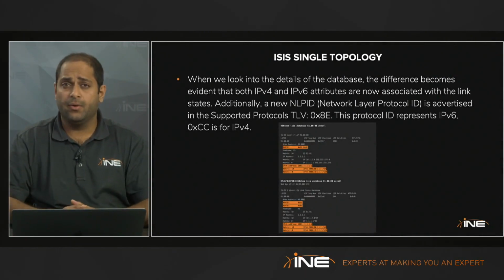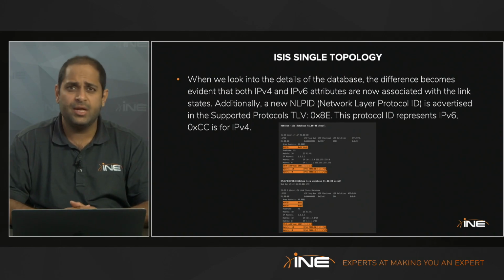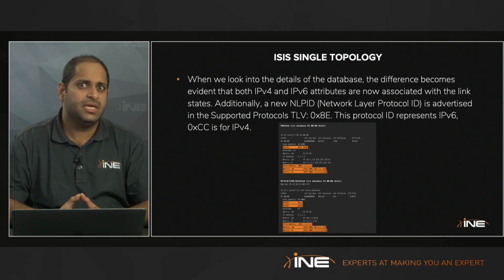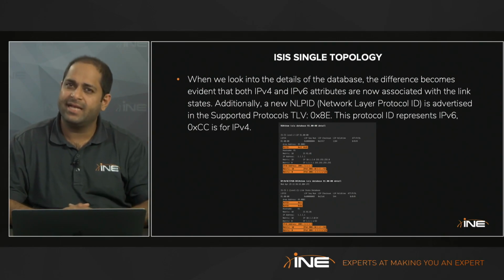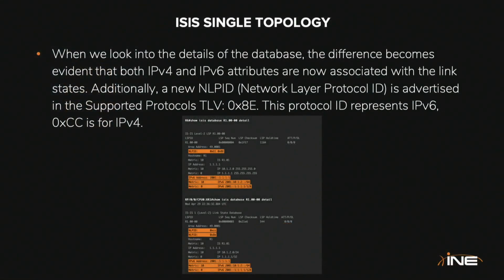To verify single topology, we can give a show isis database and look at the ID of a router, where you would see that you have just one single database. Basically here you would see in your NLPID, 0xCC for IPv4, and 0x8E, which is for IPv6.